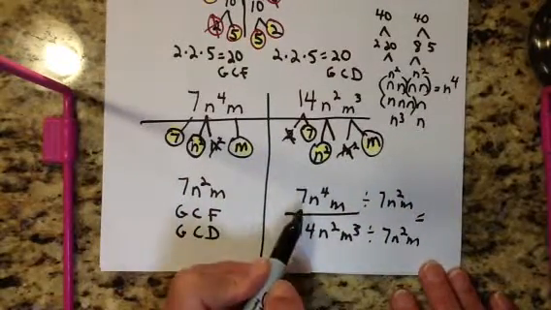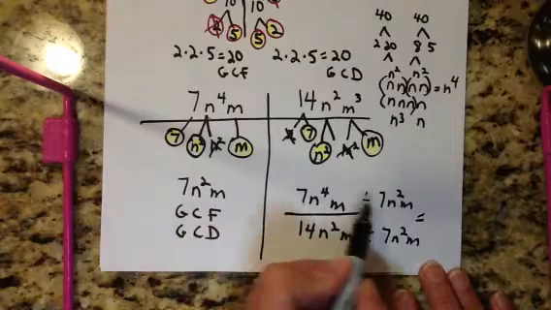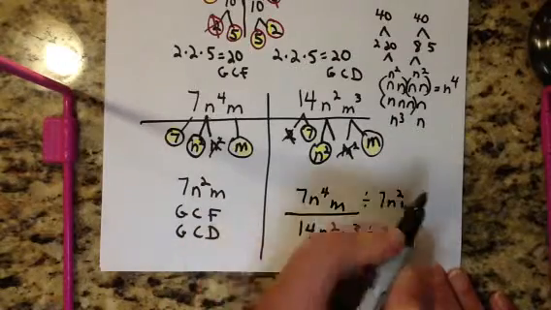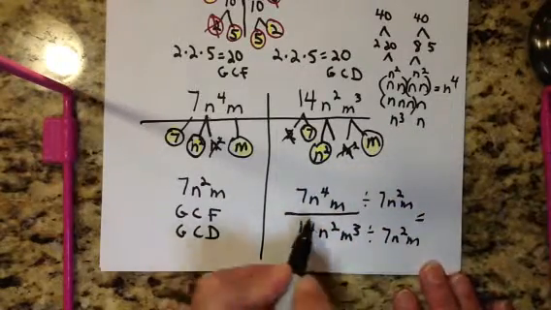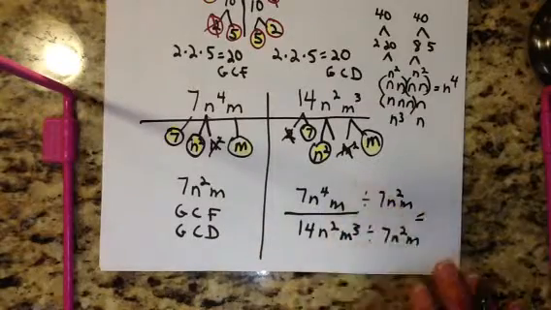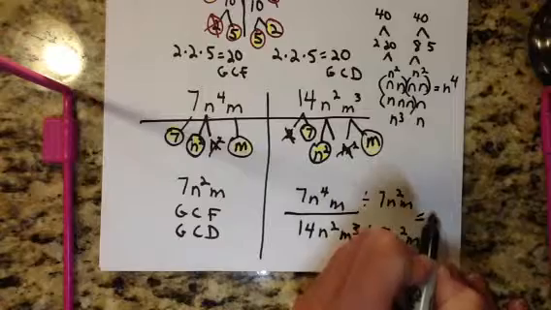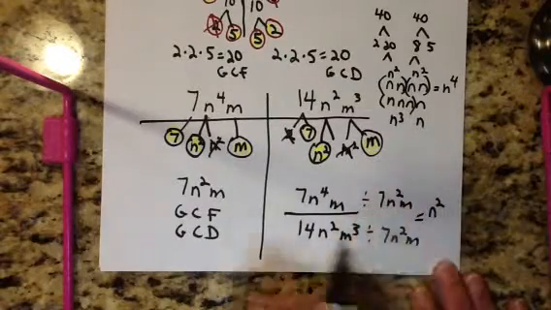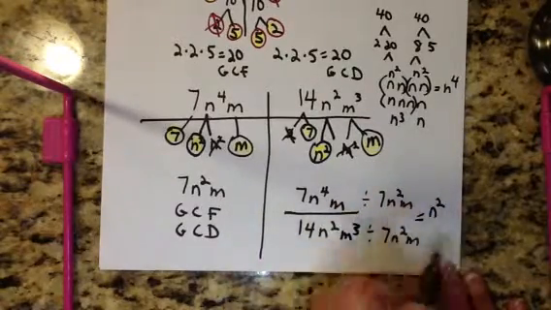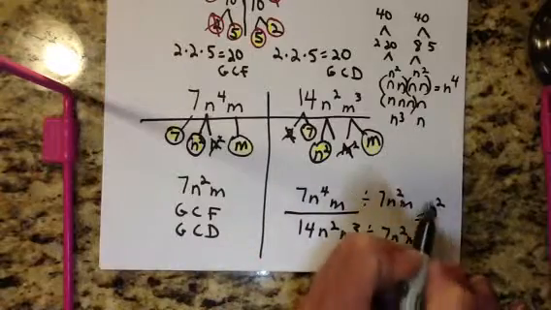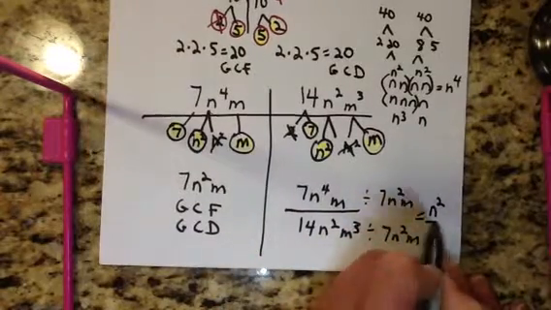and then basically 7 divided by 7 would become 1, so when you have variables it's just kind of that invisible one. And then n to the 4th divided by n squared would be n squared. M divided by m would be 1, so we don't put the 1 because it's like 1 times n squared.